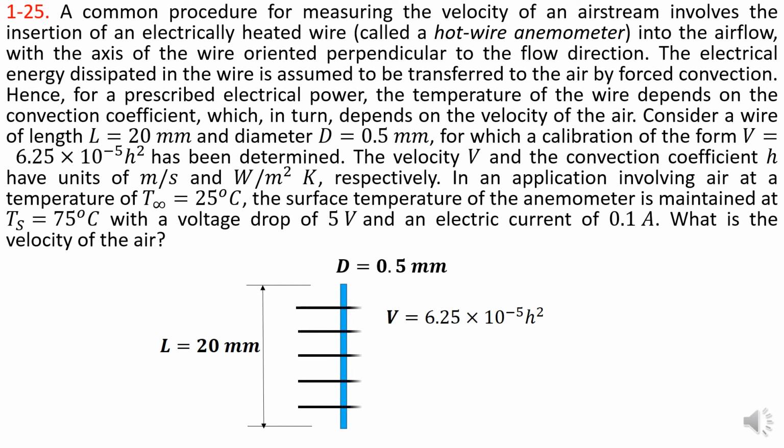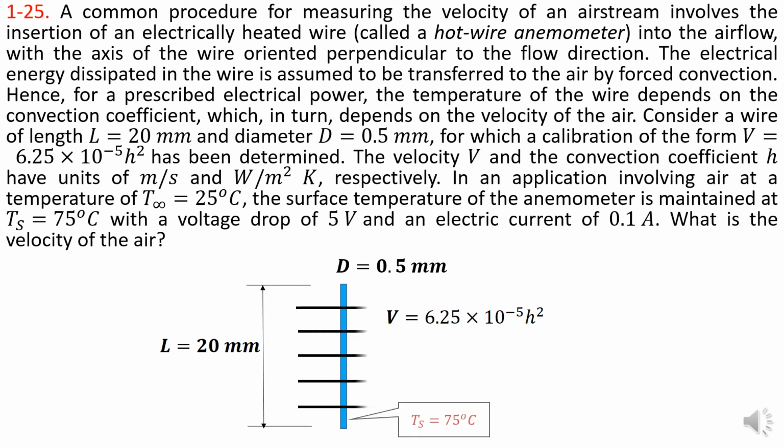The velocity of the air stream is calibrated with the convection coefficient, and the calibration comes out to be V equals 6.25 times 10 to the power minus 5 times h square.